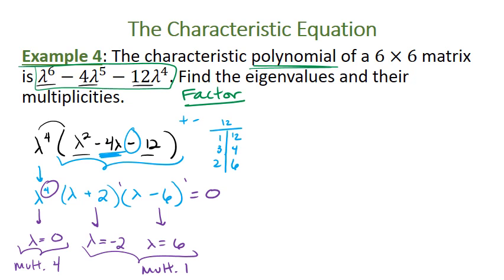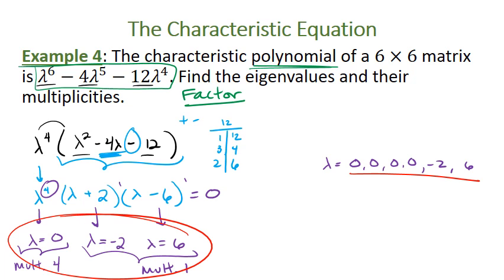Now, if I wanted, I could say that lambda equals 0, 0, 0, 0, -2, and 6. Because if this is a 6 by 6 matrix, then I should have 6 eigenvalues, but because of the multiplicities, we only need to write them once, unless stated otherwise.